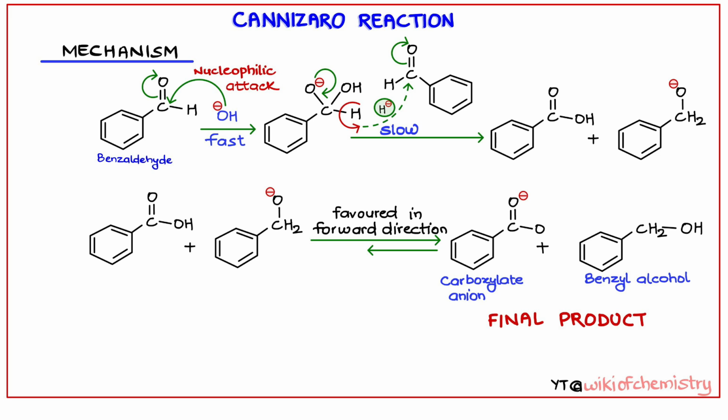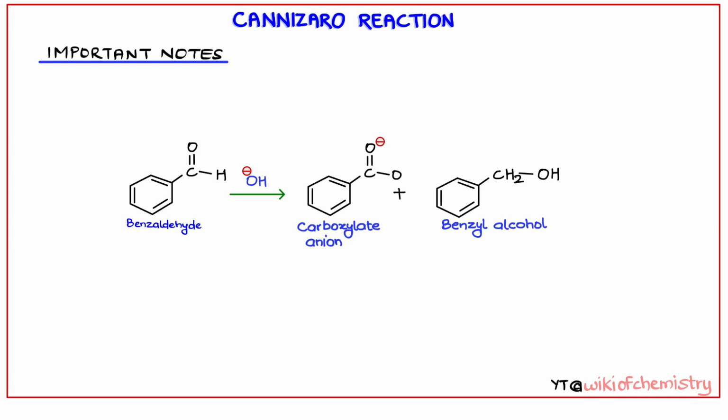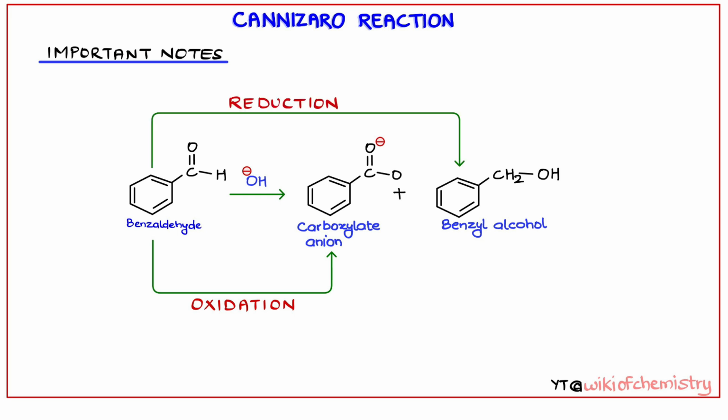Now let us study some of the important points related to Cannizaro reaction. First point to note here is that of two molecules of benzaldehyde, one is oxidized to carboxylate anion and another is reduced to alcohol. Hence, this reaction is an example of disproportionation reaction.